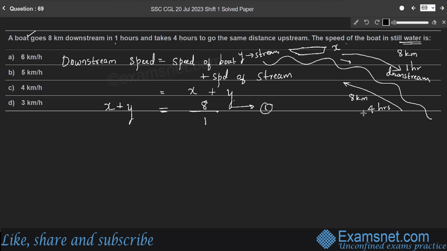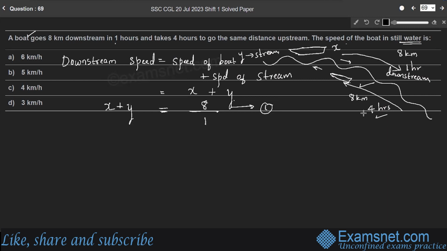Whereas while coming back, in the opposite direction of downstream, the boat covers the same distance, which is 8 kilometers, in 4 hours, right? Because of its motion, the boat has got some speed, which is x, but the boat is moving in the opposite direction of the stream.